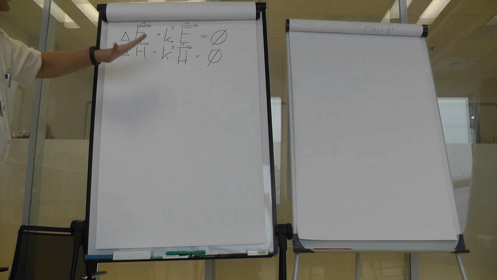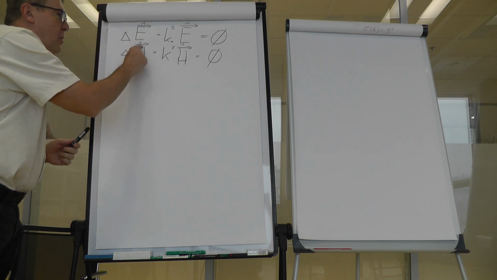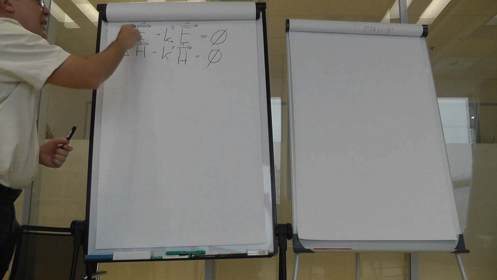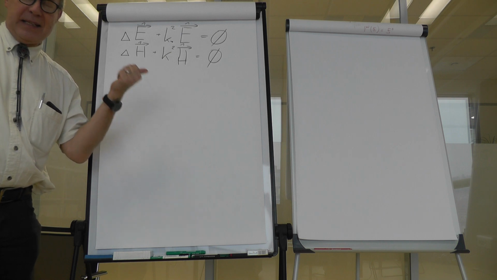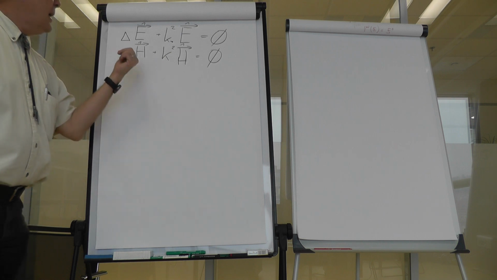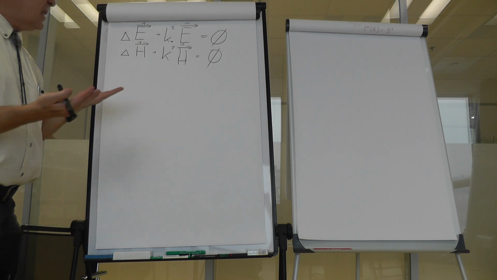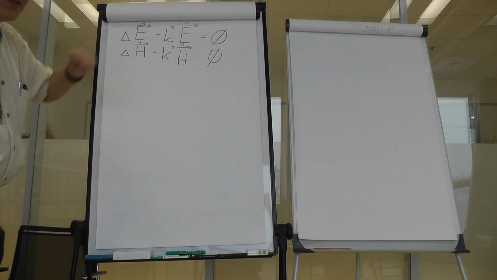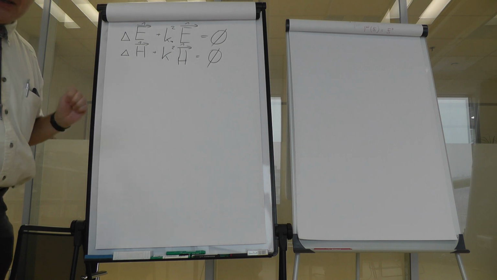Now, the problem with it is that we have three components of H and three components of E, let's say in Cartesian coordinates: Ex, Ey, Ez, Hx, Hy, and Hz. Therefore, in fact, this represents 6 partial differential equations.